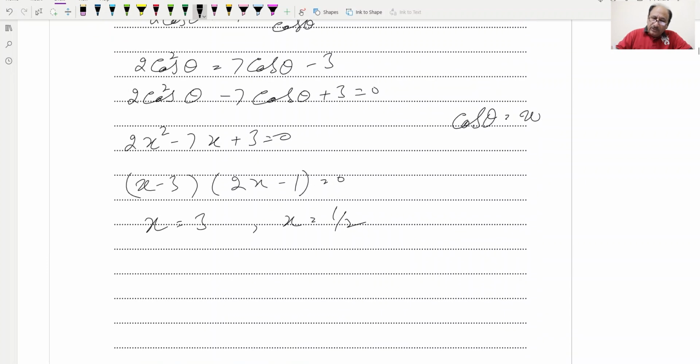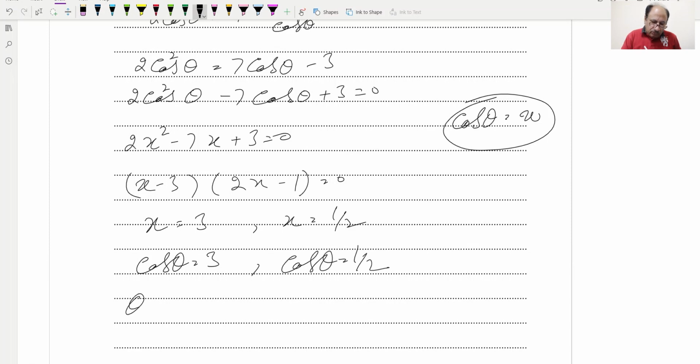Now we replace x back with cos theta. So cos theta is equal to 3, and the second value is cos theta is equal to 1 by 2. So theta is equal to cos inverse of 3, and theta is equal to cos inverse of 1 by 2.